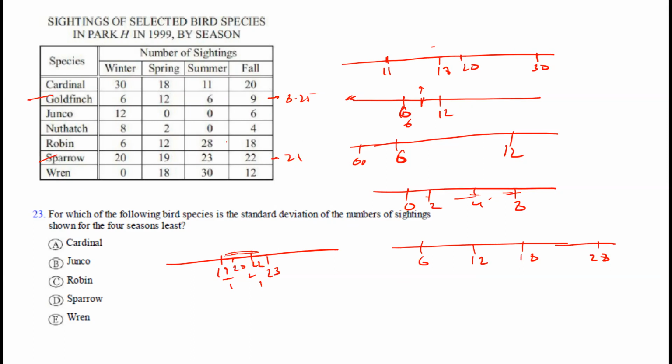Now the deviation: 20 deviating from 21 is 1, 19 is 2, 1, and 2. So the deviation is mostly 1. Over here, the deviation still is there. So the deviation would be 6 minus 8.25, 2.25, 12 minus 8.25 would be 3.75, and so on. Again, the greatest deviation is 4.25. Over here, the deviations are less. So sparrow, we're going to have the least standard deviation.